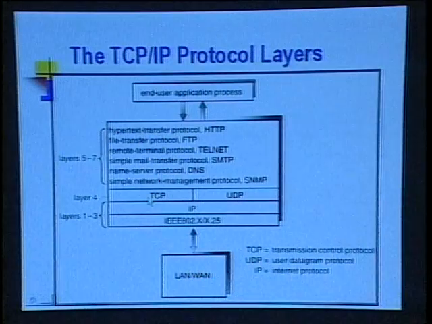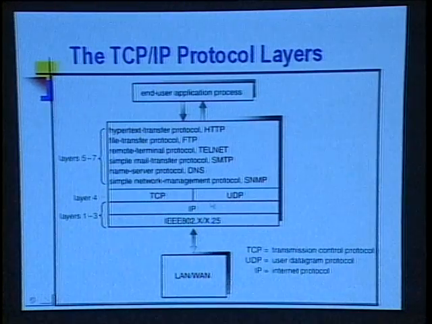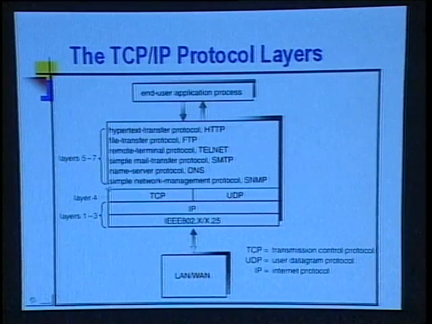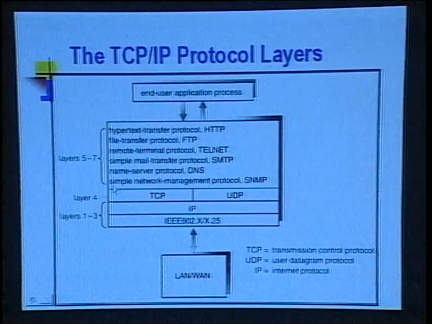At layer 4, which is the transportation layer, we have the TCP, Transmission Control Protocol, or we have UDP, which is User Datagram Protocol. And then from layer 5 to 7, we have a number of protocols: HTTP, which is Hypertext Transfer Protocol, FTP, that is File Transfer Protocol, Telnet or remote terminal protocol, Simple Mail Transfer Protocol, SMTP, Domain Name Service protocol, and SNMP, which is Simple Network Management Protocol.